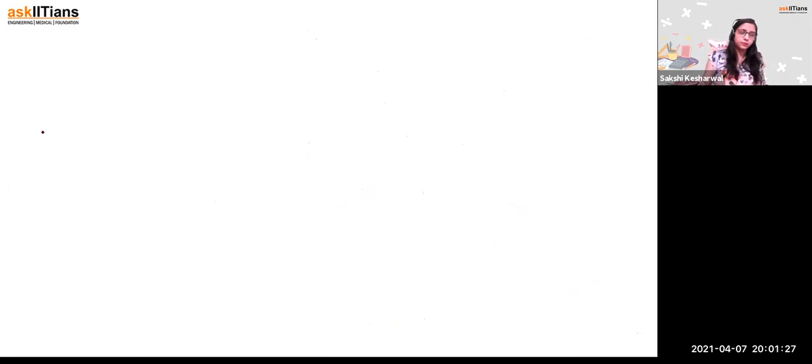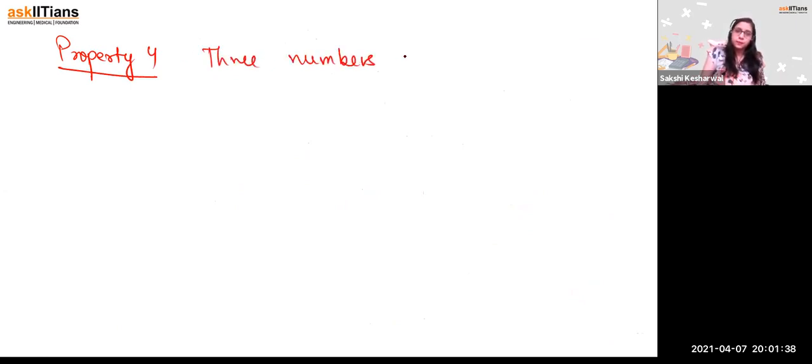What does the next property say? Property number 4. I think we have already discussed that if three numbers A, B, C are in AP if and only if 2B is equals to A plus C. That is A plus C, right?